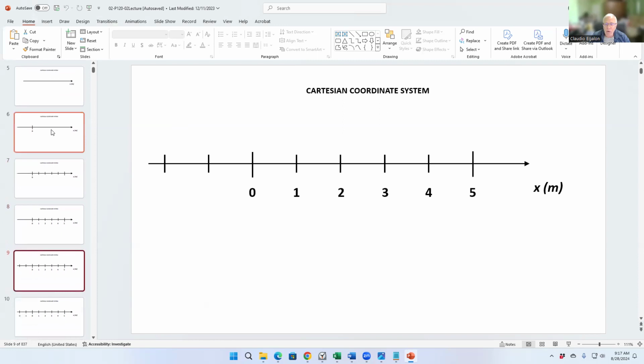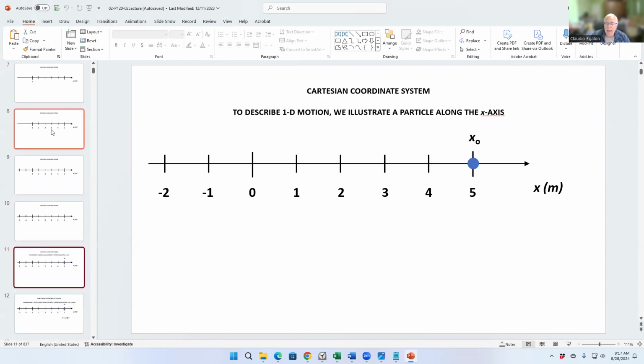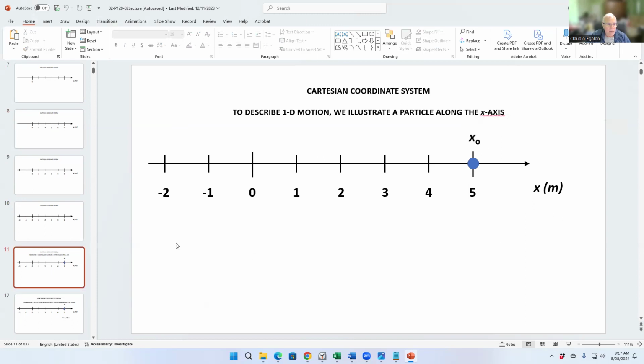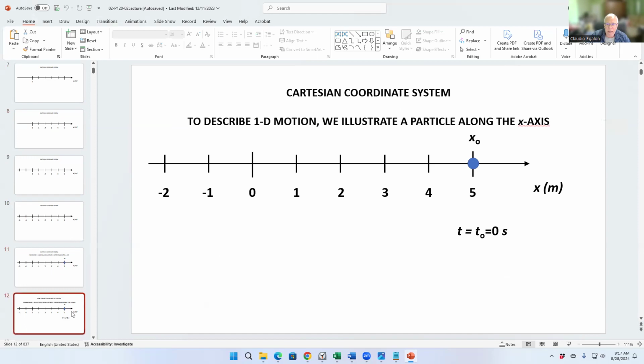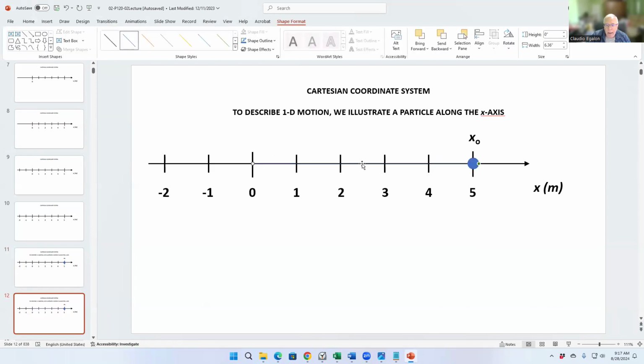And the position of a given object on this axis, like this little blue object that I placed here, I call it x naught, its position. Its position is specified in terms of a vectorial representation, which is represented by an arrow that goes from the origin of my axis.